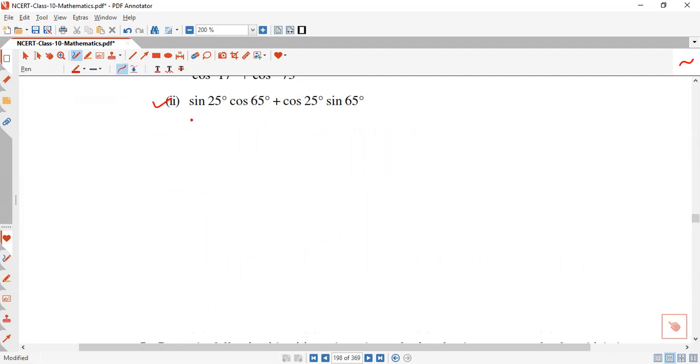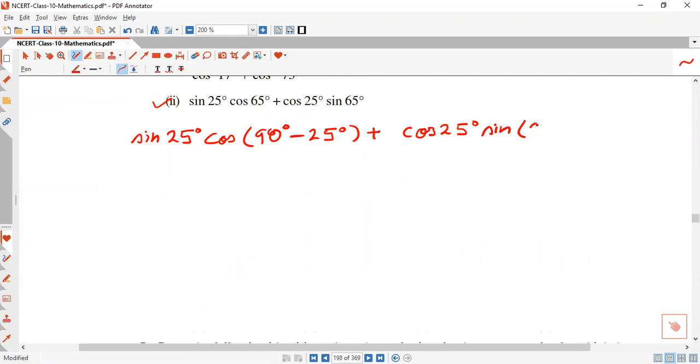Again we write it this way: sine 25 degree, cos 65 degree can be written as cos of 90 degree minus 25 degree, plus cos 25 degree. The sine 65 degree can be converted into sine of 90 degree minus 25 degree.